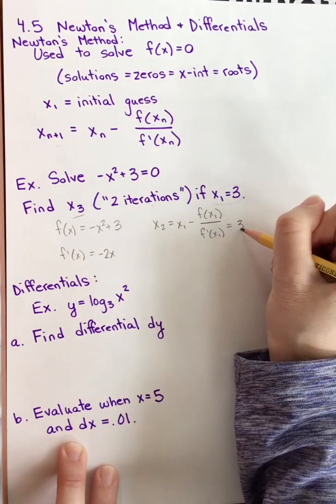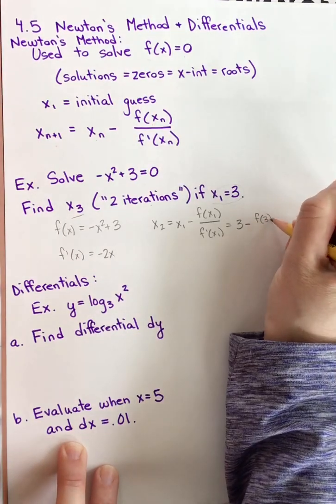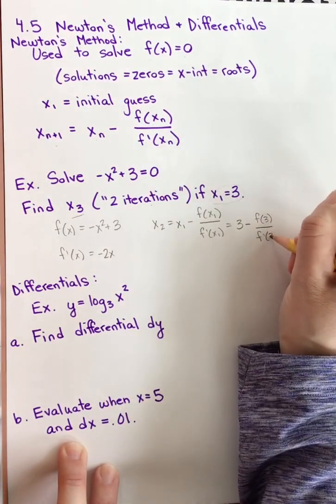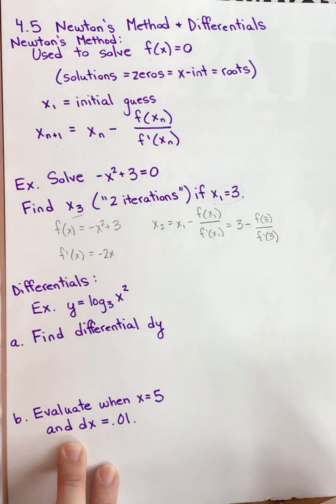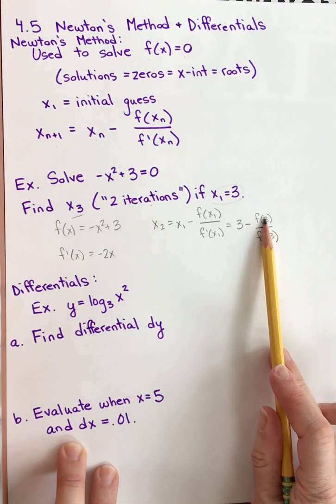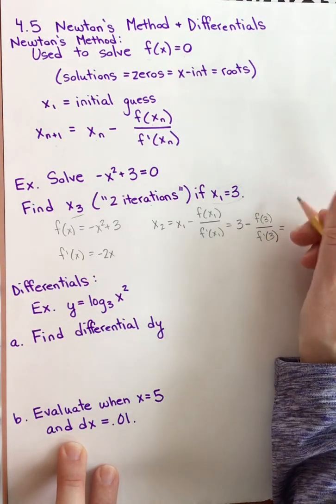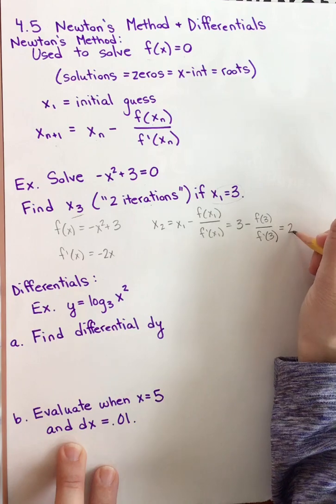Well, x1 is 3, so I have 3 minus f of 3 divided by the derivative at 3. If I do my arithmetic, I think these both end up being negative 6. So I end up with 3 minus 1, which is 2.